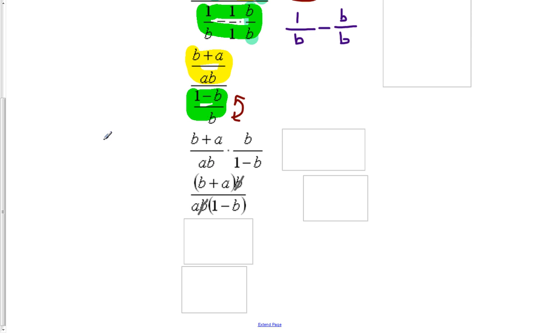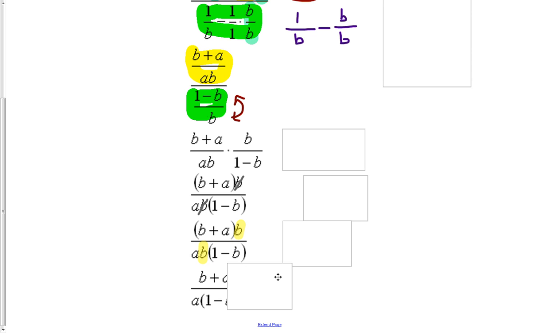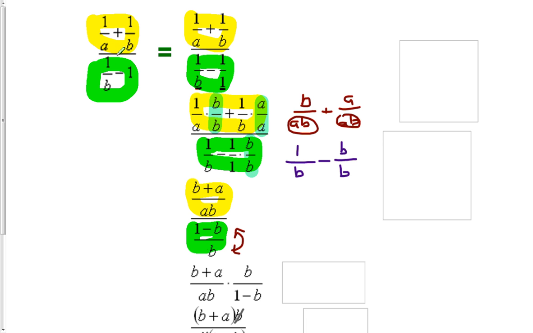There's b plus a and the 1 minus b, no matter how many times you flip things around, they're still different terms, so that's not going to be able to simplify. So we cross those out, and what we're left with is this final answer right here. b plus a over a times quantity 1 minus b. And that is as simple as this nasty fraction is going to get.